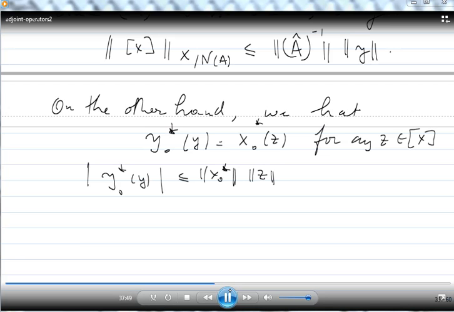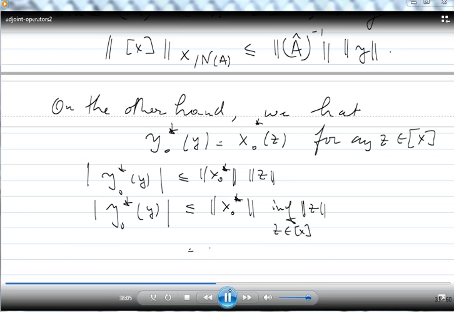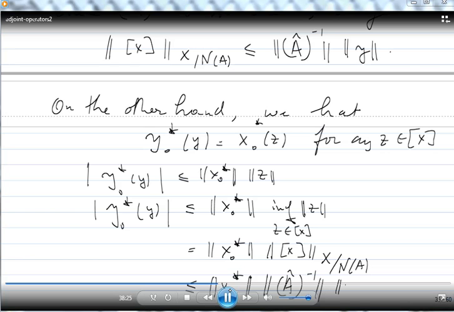If we take the infimum of the norm of z, that is the norm of the class of x in the quotient space, and we just proved that this is less than the norm of A hat inverse times the norm of y.